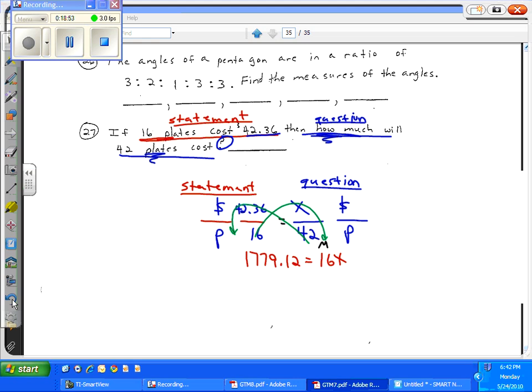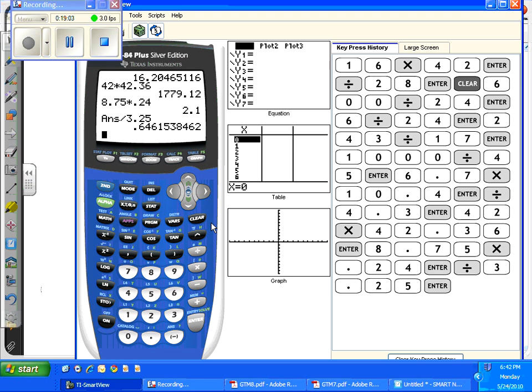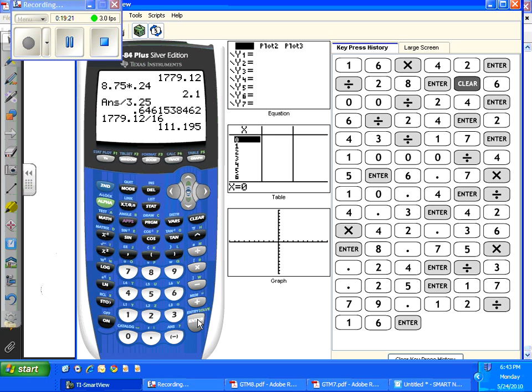Now we're going to undo multiplication by division. So we're going to have 1779.12 divided by 16. Pull up the calculator again. So we're going to have 1779.12 divided by 16. 111.120.